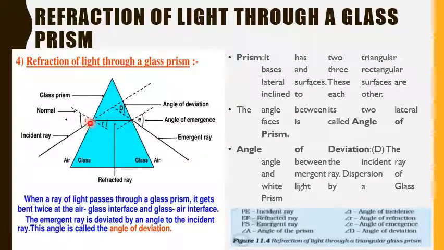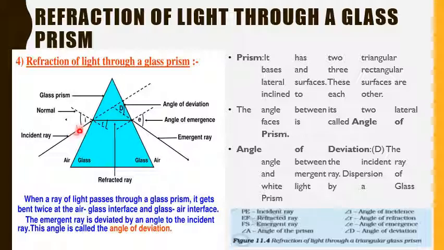Then after going straight, again here it is entering from a denser to a rarer medium, from glass to air. Again it is changing its path and now it is moving away from the normal, because this is a rarer medium and this is a denser medium. So this is how it will go about. So this will be the angle of emergence, and you see angle E is bigger than angle R, that is the angle of refraction.